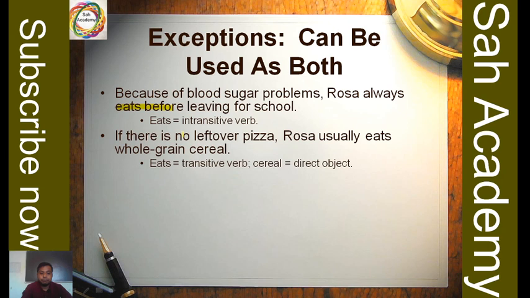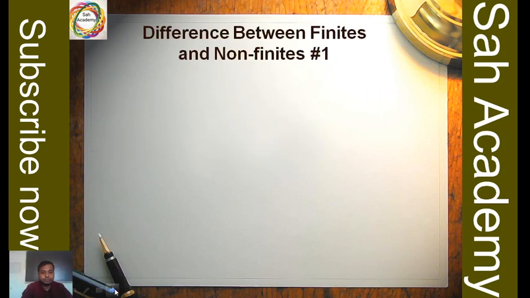The basic points of difference between finites and non-finites are as follows. A non-finite verb does not change according to its subject as a finite verb does. Remember, a finite verb changes according to its subject, but a non-finite verb can't.